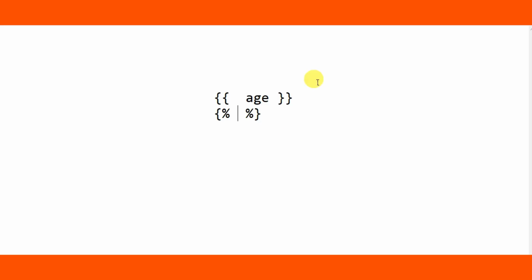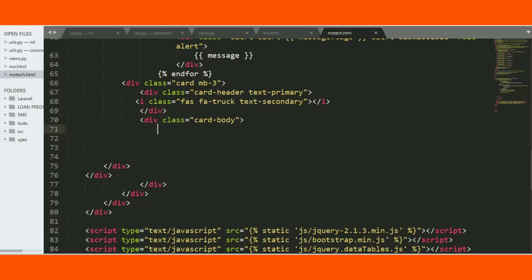So this is how you can integrate a variable in an HTML template, and this is the way you can make an if condition, or a for loop, right?